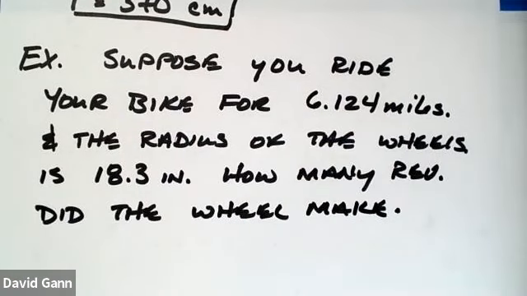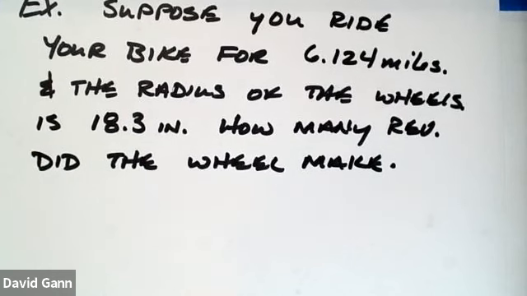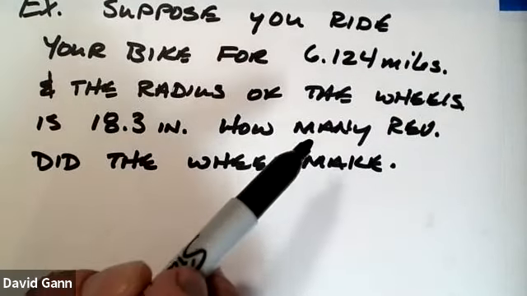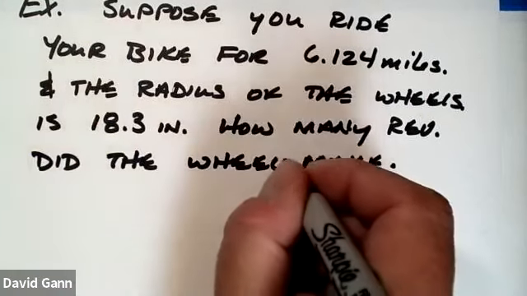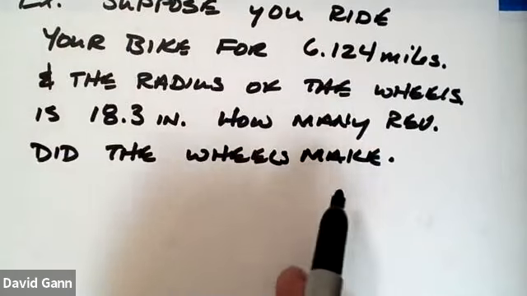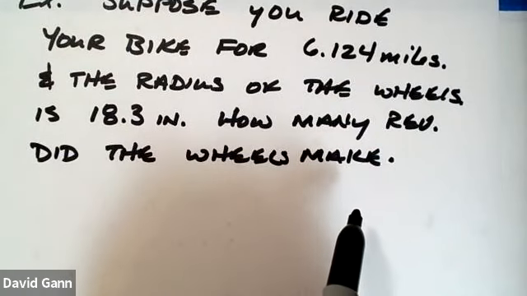So this is a little harder problem because almost everything in it has to be converted in one way or another. Understand first off that what the question is asking, how many revolutions the wheels make, is a question about angle.